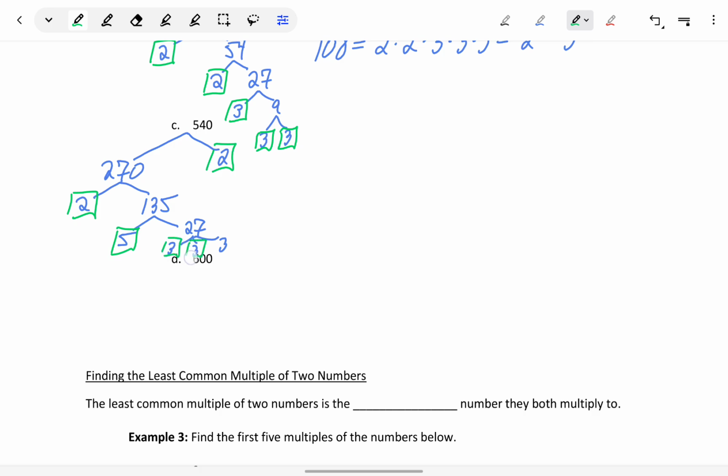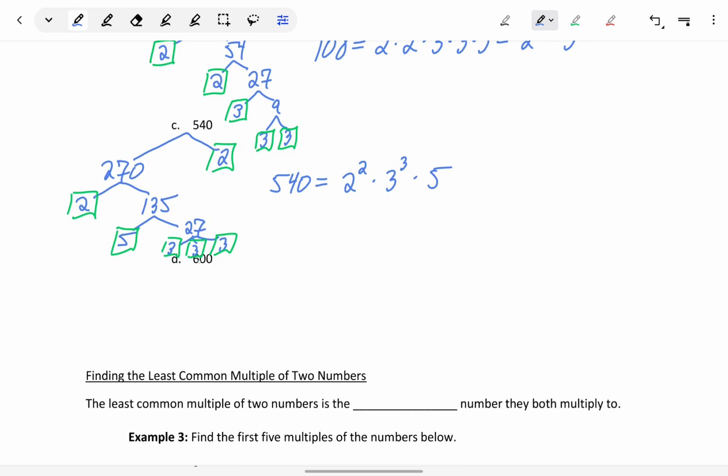Once we pick up on any patterns like that, we can always take bigger jumps, faster jumps, but we could also just break that down a step at a time if we're not comfortable with that yet. But this gives us 540 is equal to 2 squared, since we have 2 branches ending in 2, times 3 cubed times 5.